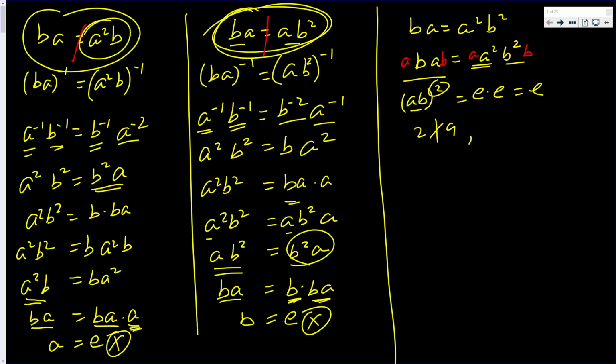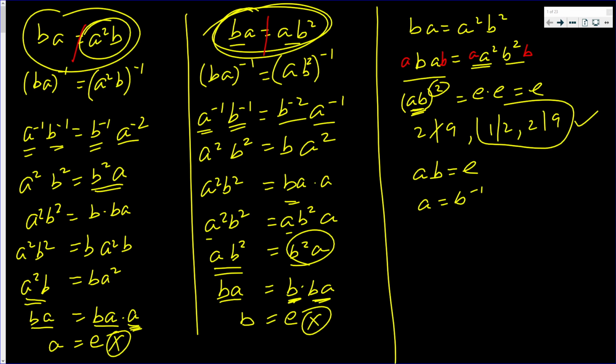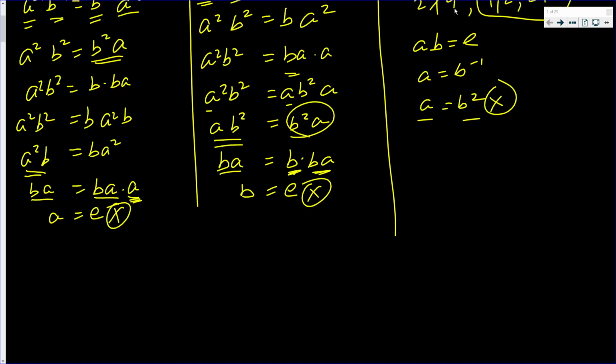Well, what divides 2? 1 divides 2 and 2 divides 9. That is, AB must be E itself. AB is E. That means A is the inverse of B, but B inverse is B squared. And no. A and B squared are not the same. They are not the same. This here is a contradiction, and it contradicts the top line. BA cannot equal A squared B squared.